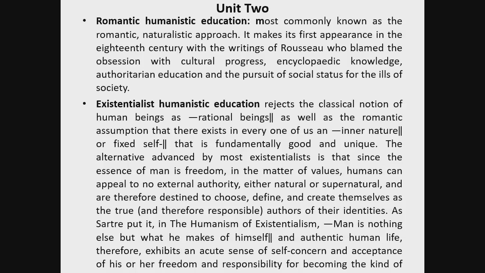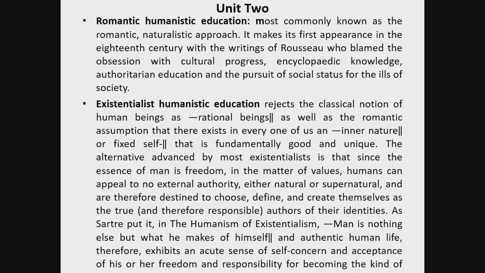They are therefore designed to choose, define, and create themselves as true. The existentialist humanistic education is more or less the same as the classical. However, they have also moved to the next level: a person can survive in his own environment without really needing external authority.